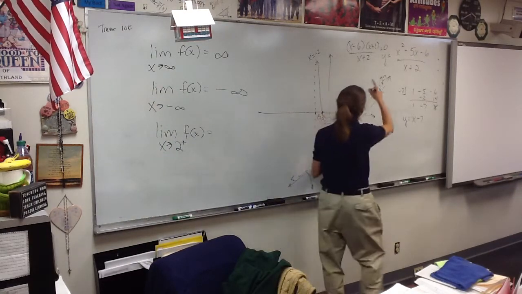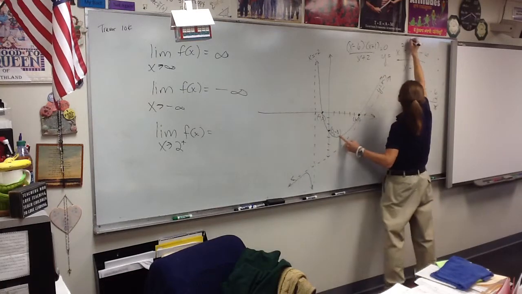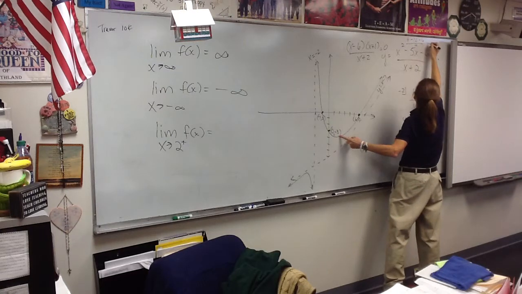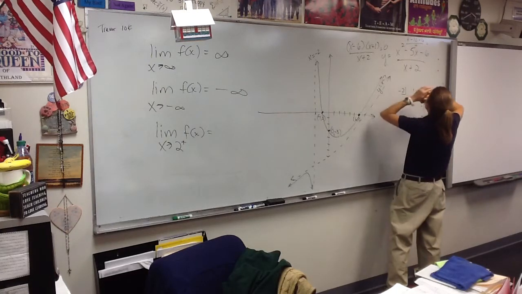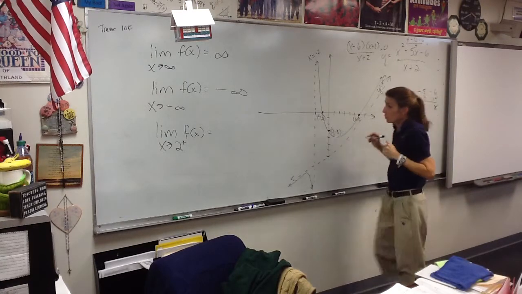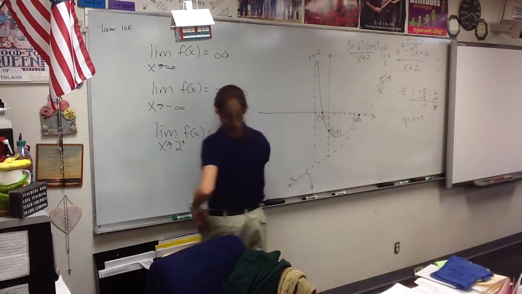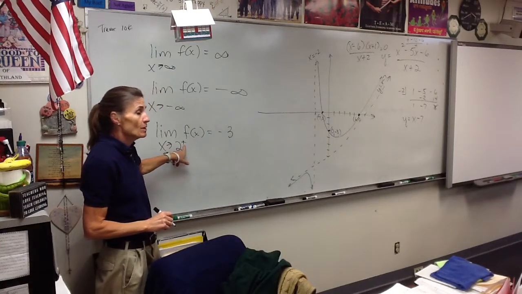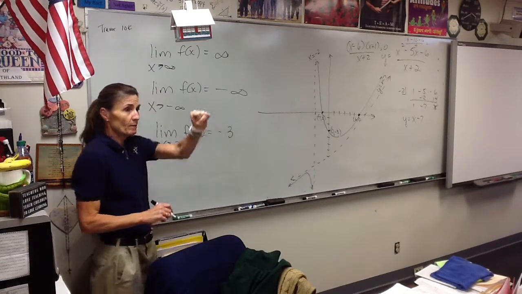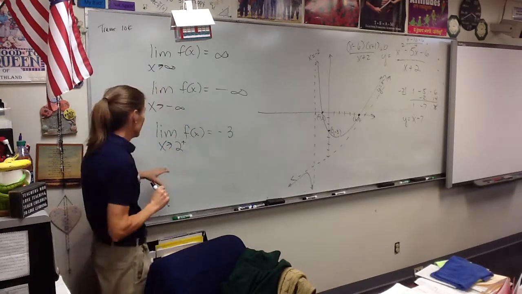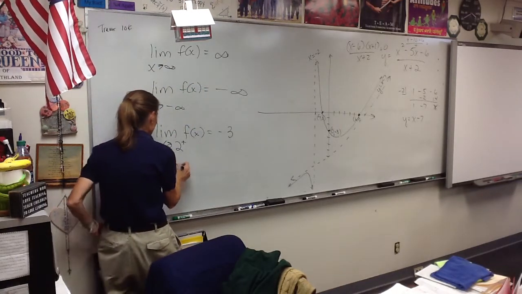I'm going to figure it out. -12 over 4, -3. There's your answer, -3. Does the side matter? No, not when it's a point. If you're a point, it doesn't matter which side you're coming from. Your y value is the same. All right, what's the next one?